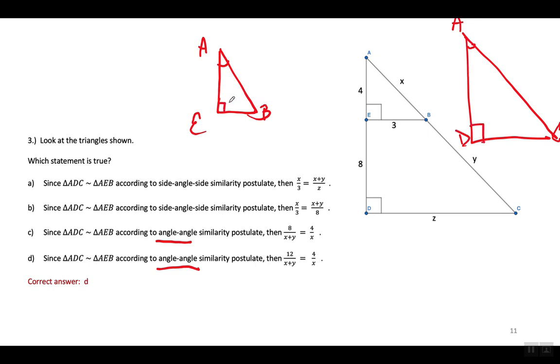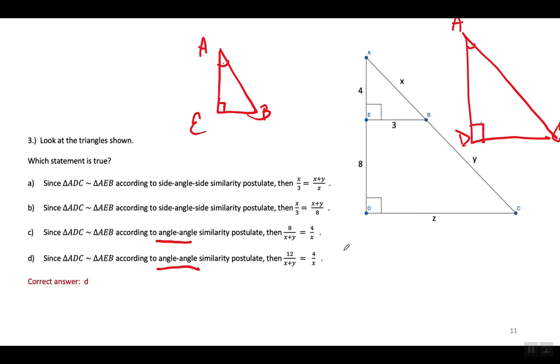So since they both have these corresponding angles that are congruent, that means that the angle similarity postulate can be used here. Okay, now it's just a matter of checking which proportion is correct, okay?